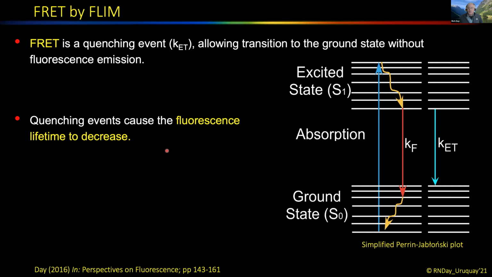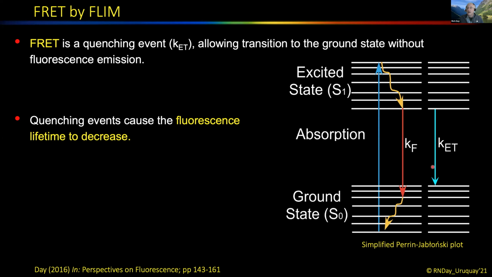And of course, as you know, FRET is a quenching event, a different way for a fluorophore to get down to the ground state without emitting a photon. So this is a probe that's being excited, it goes through internal conversion, relaxes back down to the ground state and emits a photon. That's fluorescence.